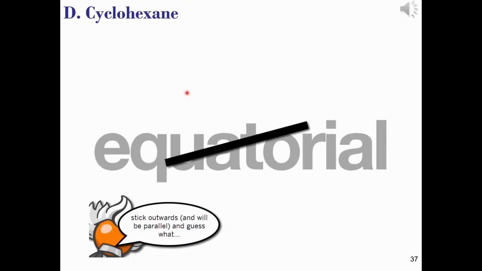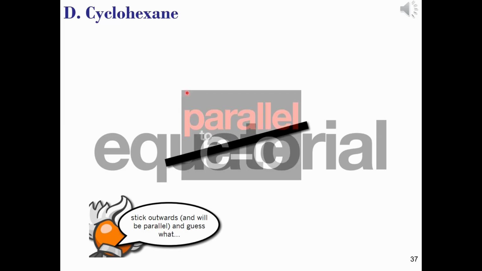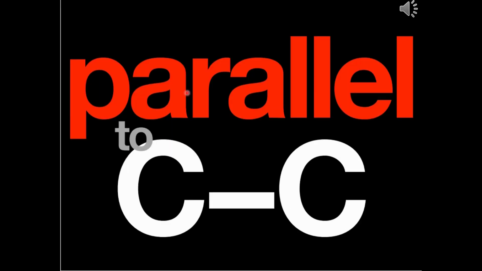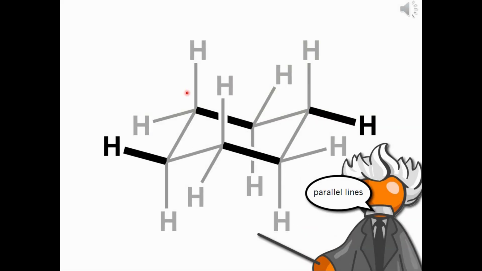All of the equatorial substituents all stick outwards and will be parallel. So guess what? That means parallel to the carbon-carbon framework, and this is indicated here. Just like before, we have this alternating pattern of up, down, up, down, up, down.